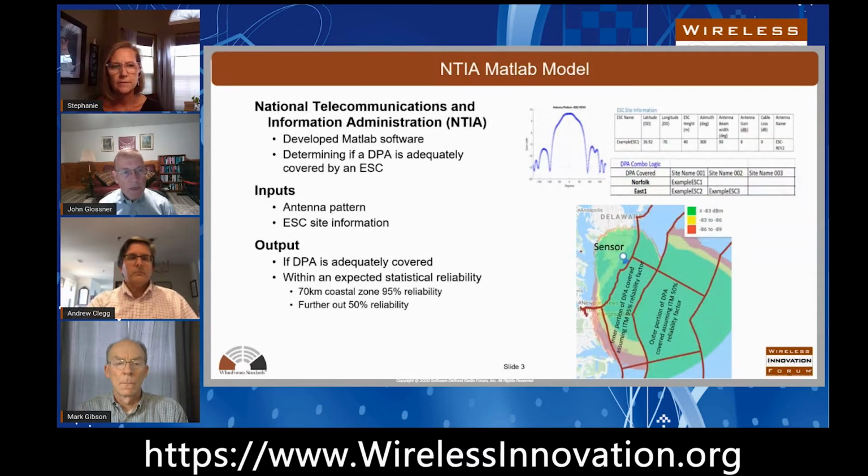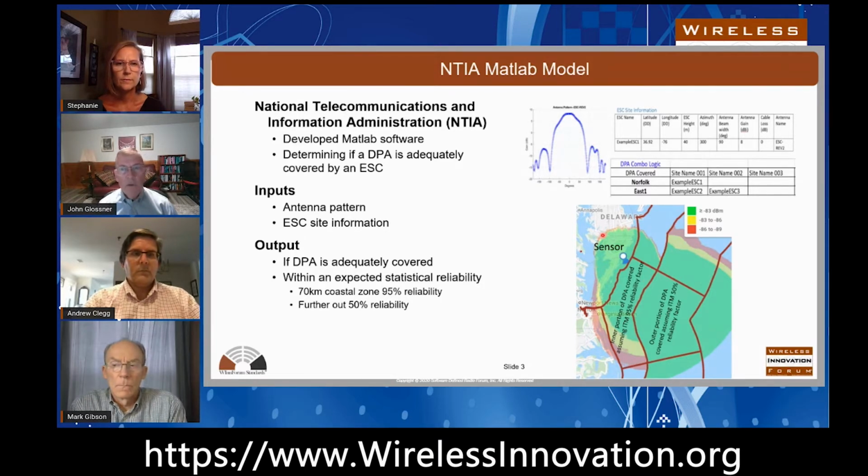So the first thing that we looked at was what is the model of the ESC sensor, and NTIA has code for doing that and analyzing the distances and everything, and the antenna patterns and the locations of the sensor and what its impact would be.